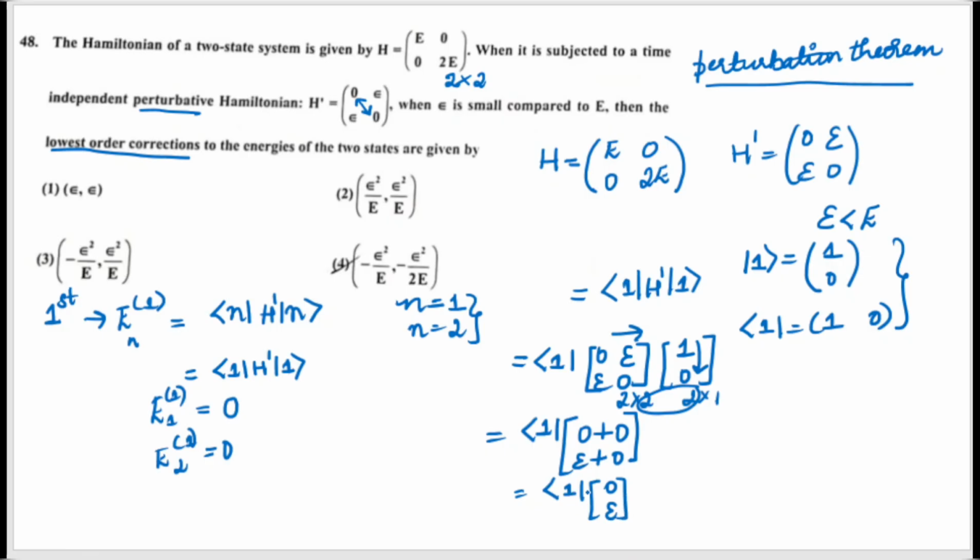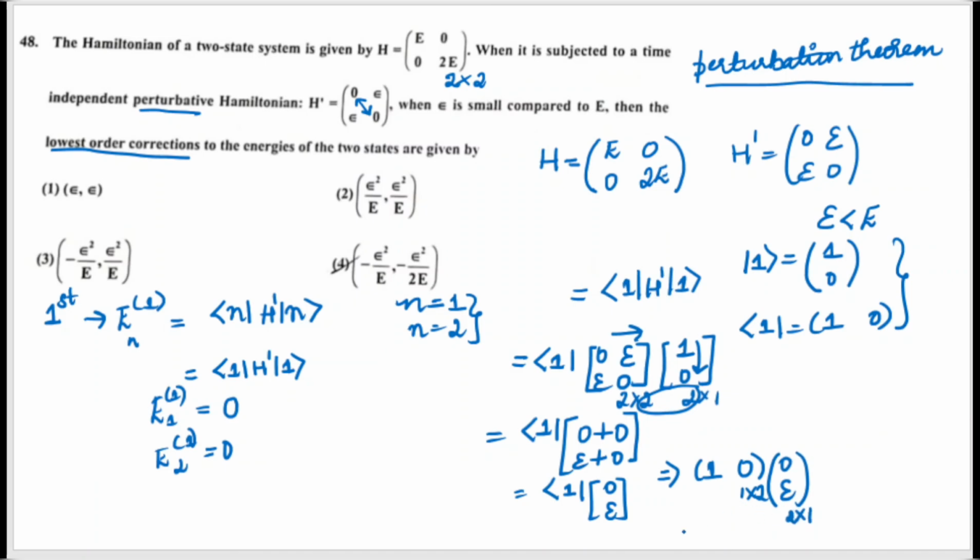Now what is this bra of 1? How can I write it? It is the row matrix 1 0 into 0 epsilon. Here it is 1 cross 2, here it is 2 cross 1, right?